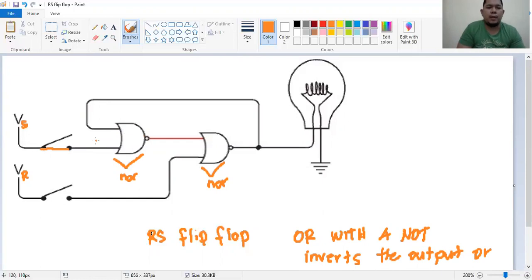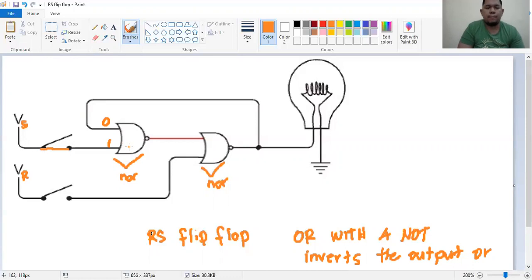Let's continue with our analysis. We have a value of 1 here, since the switch is closed. So we have a voltage of 1 here, and this other input is 0 at first.